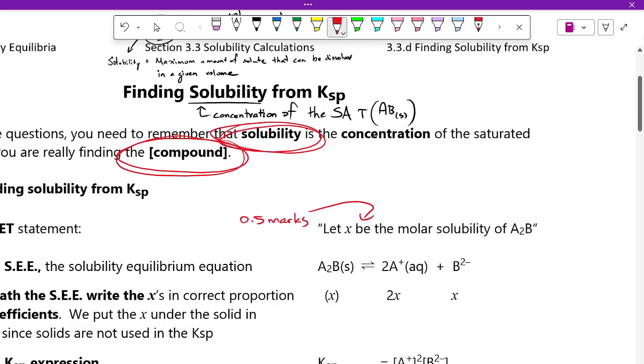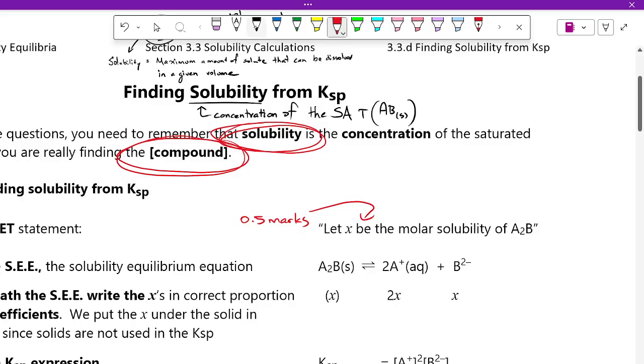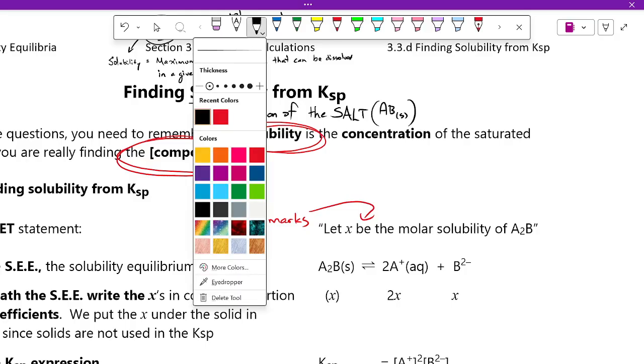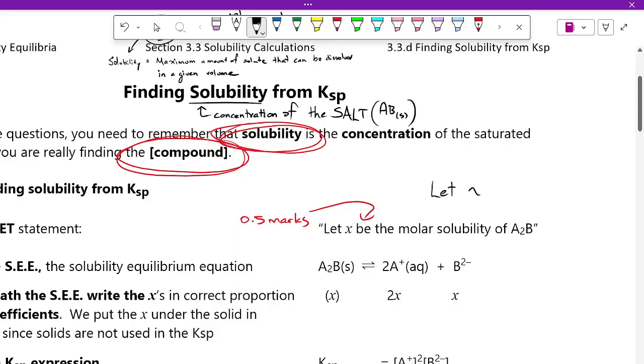Let X be the molar solubility of A2B. What that means is let X be the concentration of A2B max, because solubility is the maximum concentration.